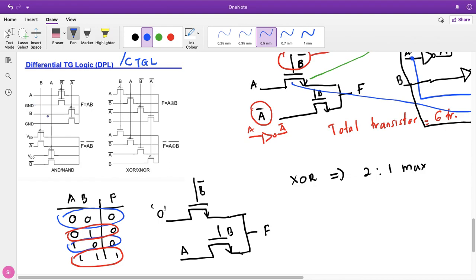So first of all, look at B. B is tied to the B bar, and then it's tied to F. 0 ground is tied to B, which is NMOS, and then tied to 0, 1, then A input.